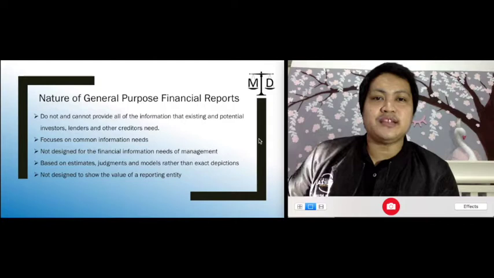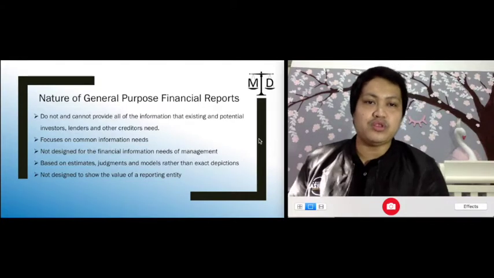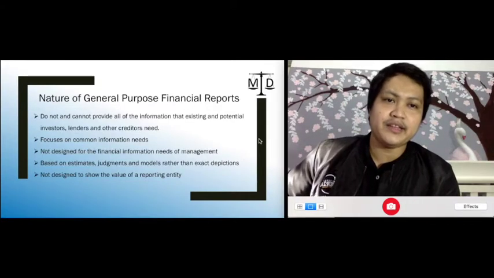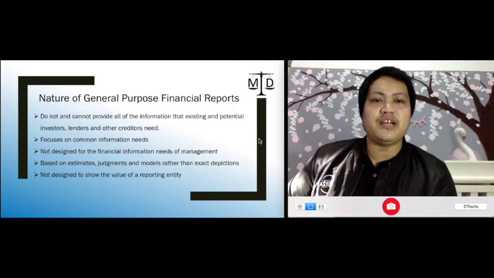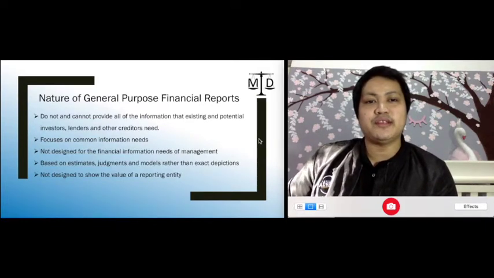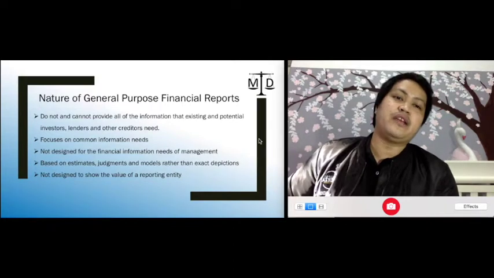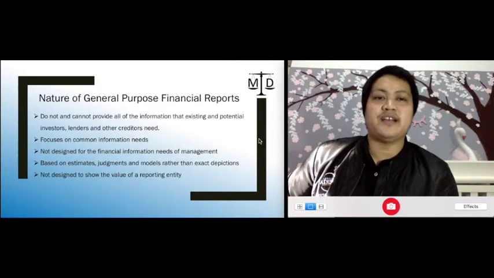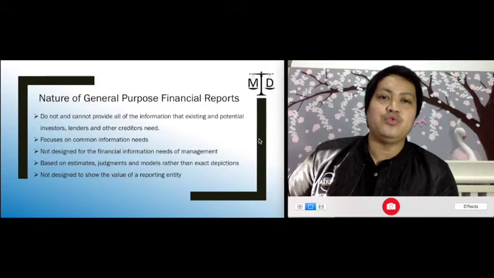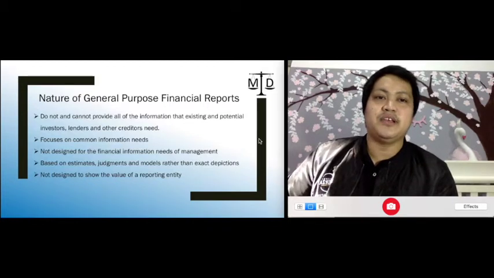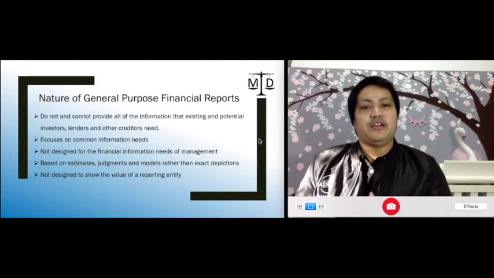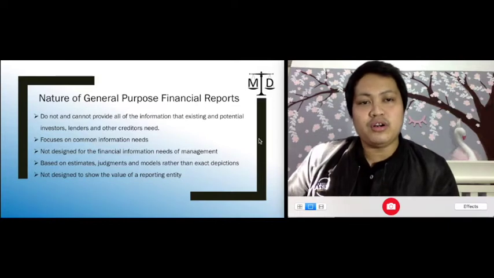And if we expect entities to continue to operate as long as possible, then it would not be smart to present our resources and claims based on their current market prices. It would be more reliable to use historical cost at times, because historical cost tends to be more verifiable.